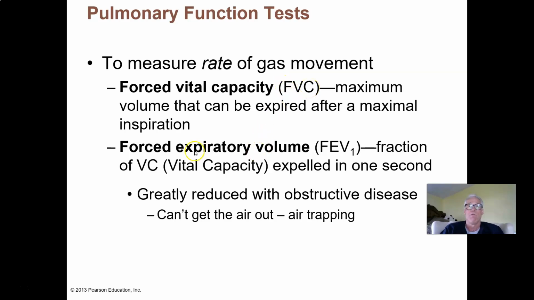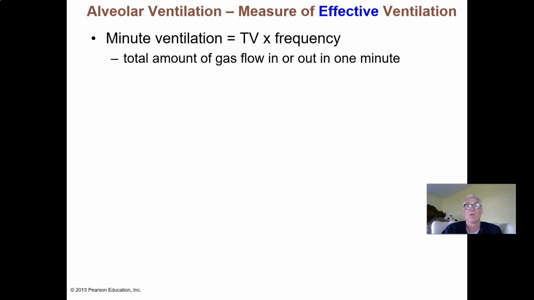For the forced expiratory volume, we're going to do that same test again: inspire all the air you can into your lungs and then force it out at the greatest possible rate. Vigorously expire air. We're going to watch and see how much air comes out at each second. It's the flow rate essentially, but we're going to look at how much of the vital capacity we can expire in 1 second. That's called the FEV1, or forced expiratory volume in 1 second. And it's going to be greatly reduced with obstructive disease. We can't get the air out.